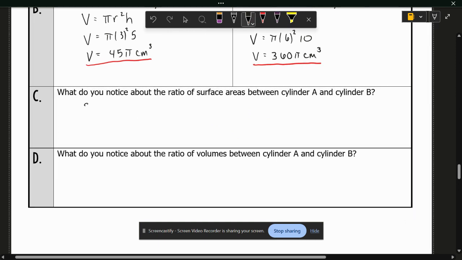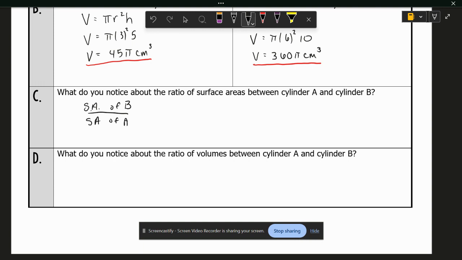So we're going to start with the surface area of B. We're going to put that over the surface area of A. So that was 192 pi over 48 pi.